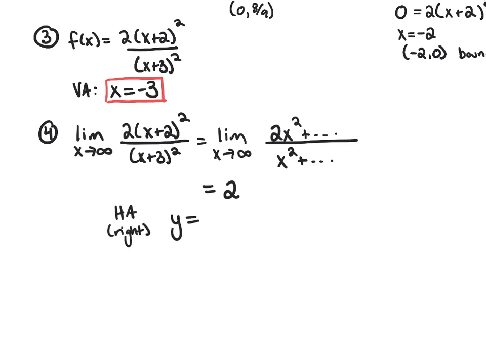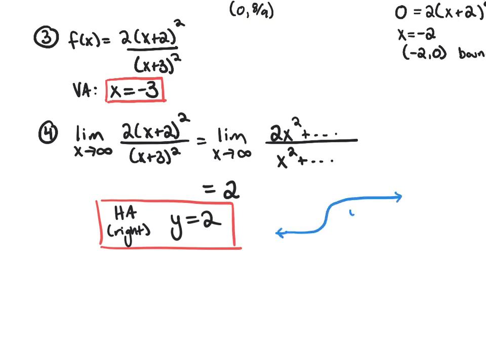is y equals 2. Now for rational functions, the right horizontal asymptote and the left horizontal asymptote are going to be the same as each other. So I'm actually done on this. Now you should know that there are some functions where that's not the case. An example would be the inverse tangent function, which has a different left and right horizontal asymptote.